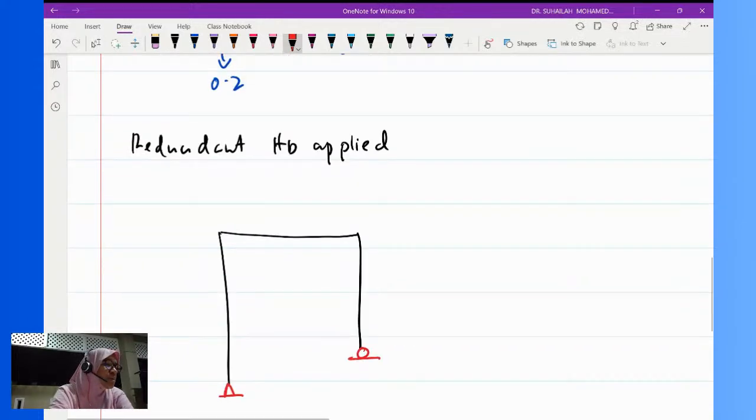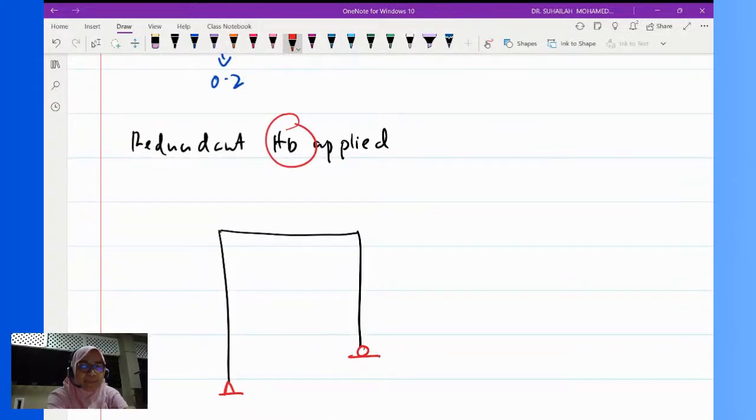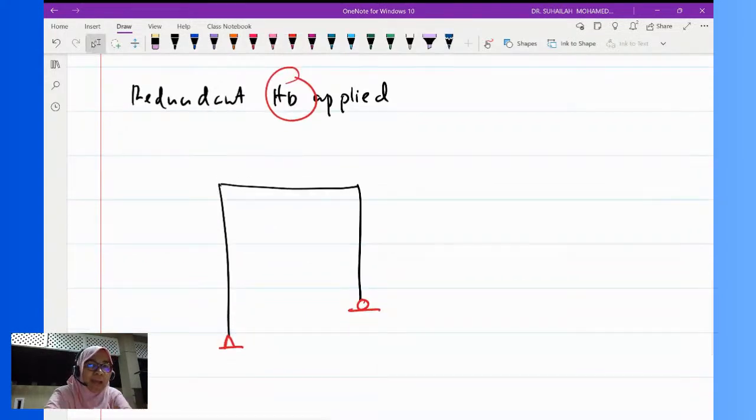Redundant HD applied means we have to apply a unit value of HD. So we apply a unit value.